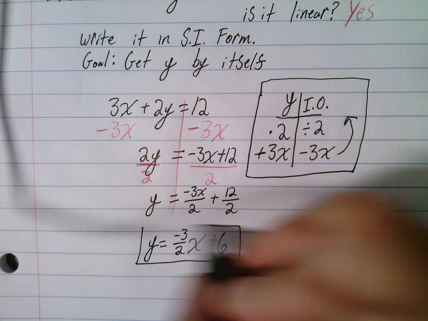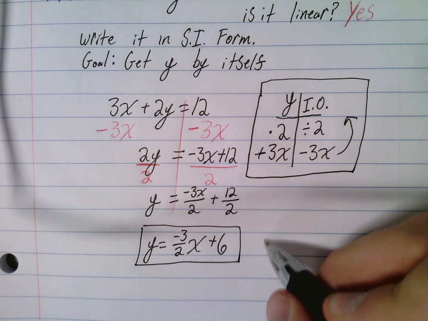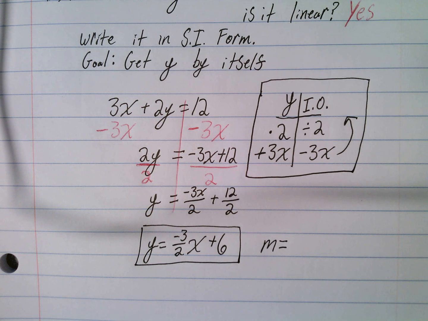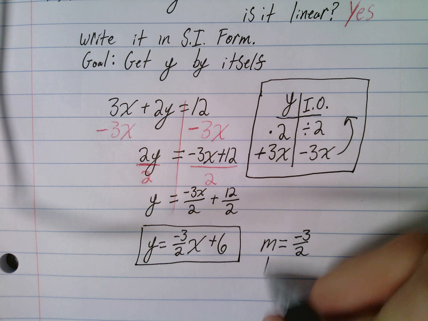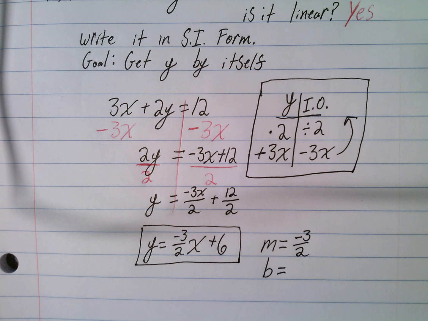Is this in slope-intercept form now? What is my m? Yeah, very good. Negative 3 over 2. And what would b be? 6. And that's all we're trying to do with these problems, all right?